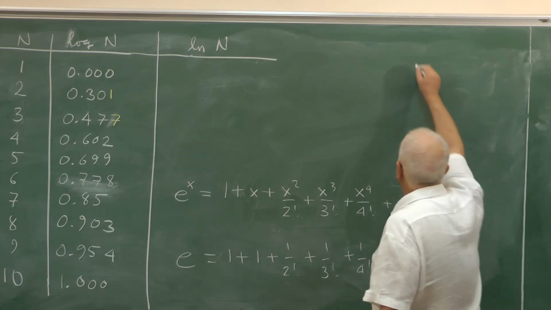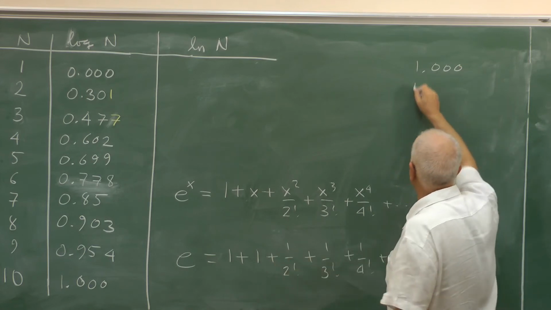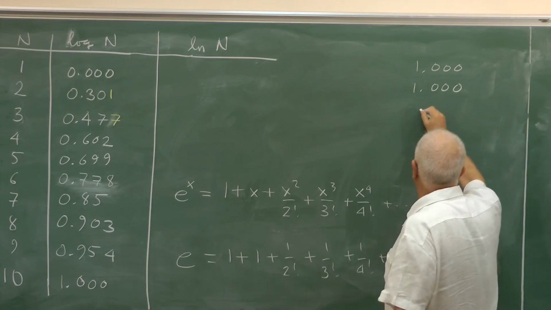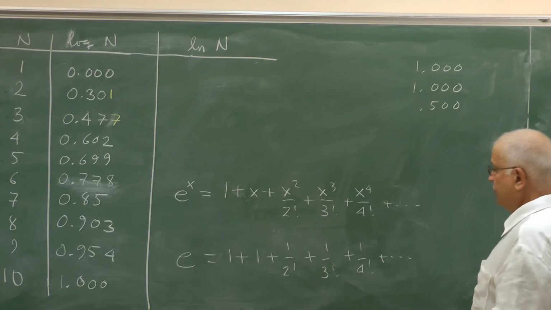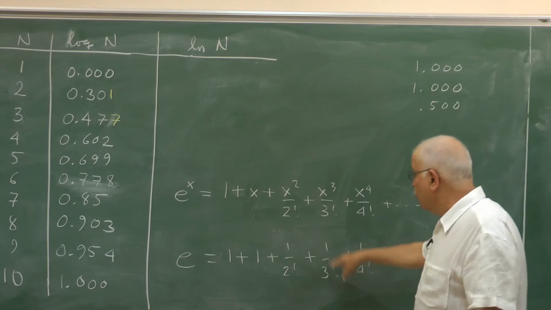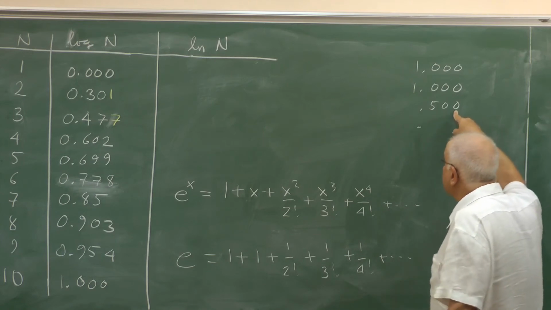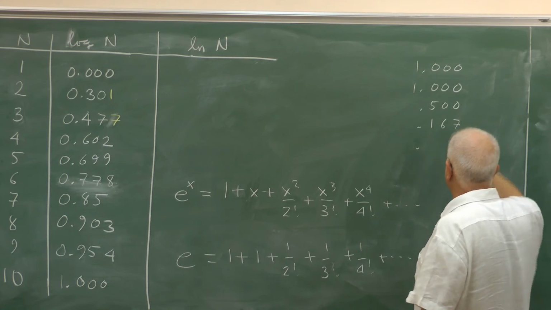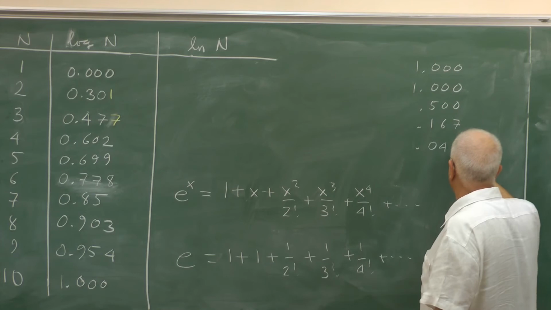So let's do it. 1, 3 zeros. Another one, 3 zeros. Then 1 over 2, 0.500. Then 1 over 3 factorial, which means I'll divide this by 3. So 167. Then I'll divide this by 4. 041.